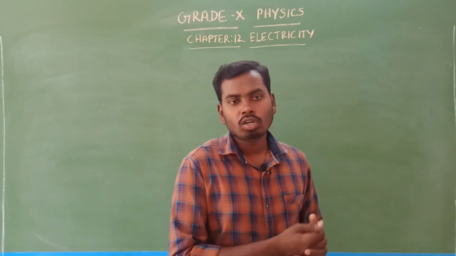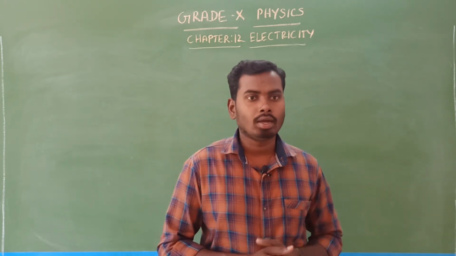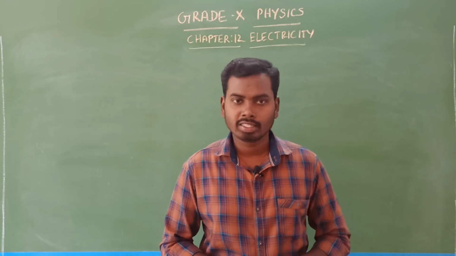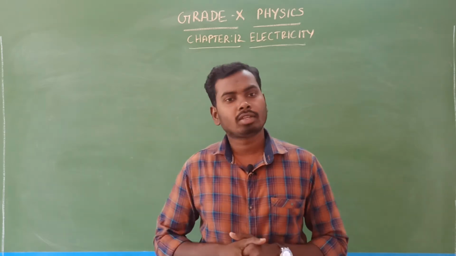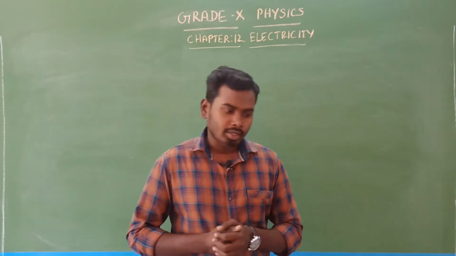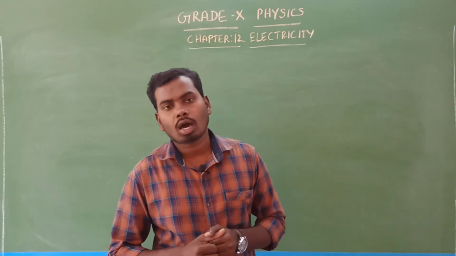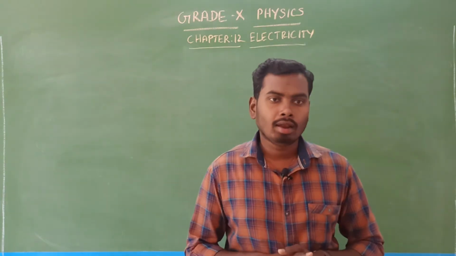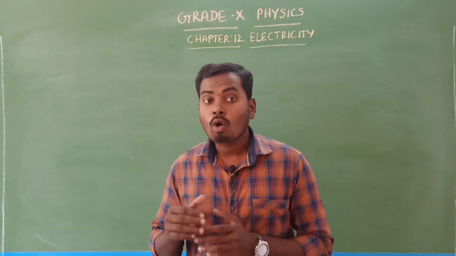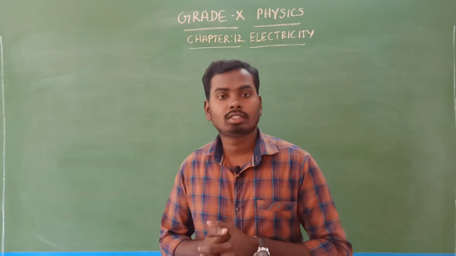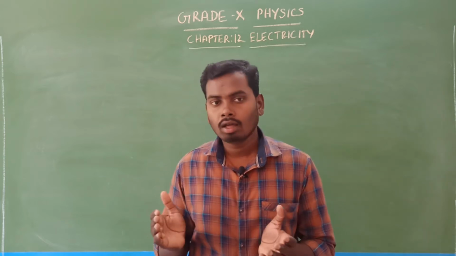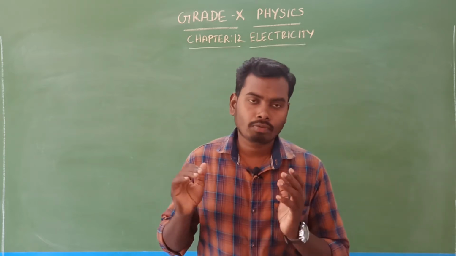Here the voltage depends on the resistor's value only in series combination, isn't it? Yes. What about the parallel combination, sir? When two or more resistors are connected in parallel, then different resistors will have different amounts of current.